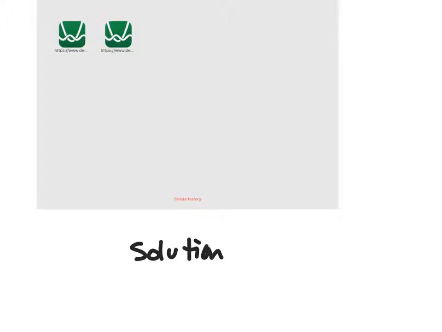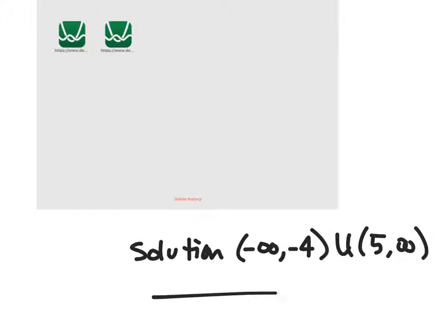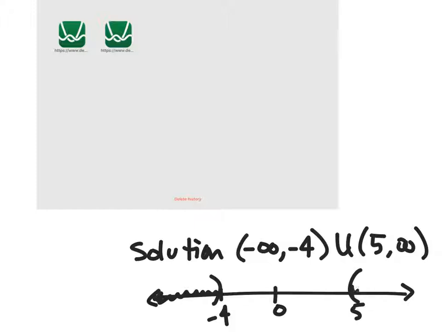is I would say that we are larger from negative infinity to negative 4, those are my x values, union that from 5 to positive infinity. And if I were to graph that on a number line, here's 0, here's 5, here's 4, we would shade in between negative infinity and negative 4, and then from 5 to positive infinity.